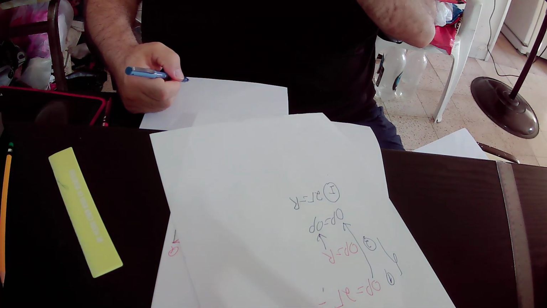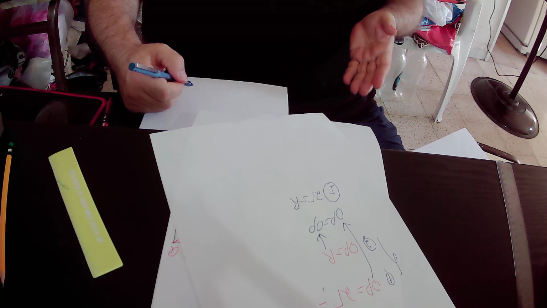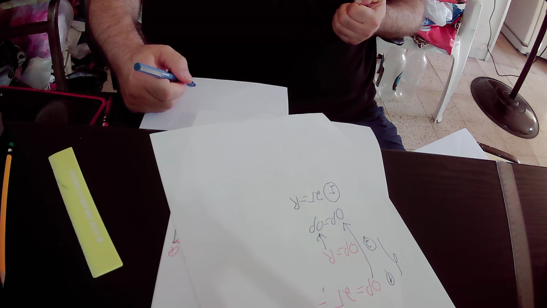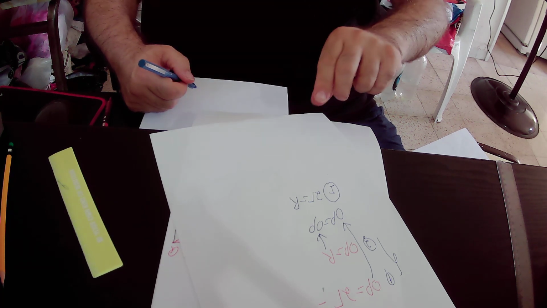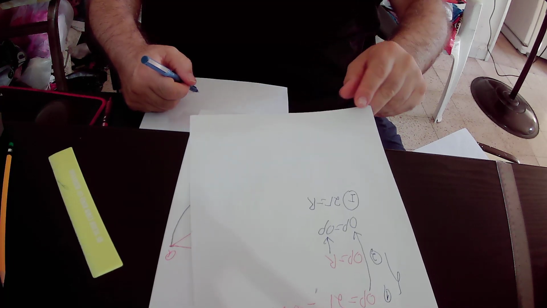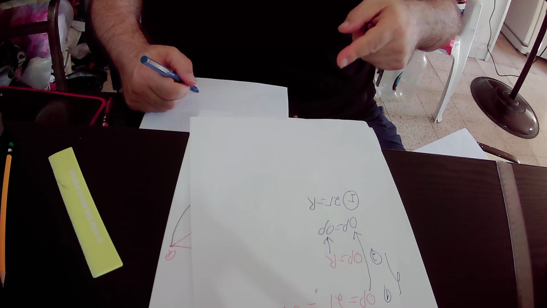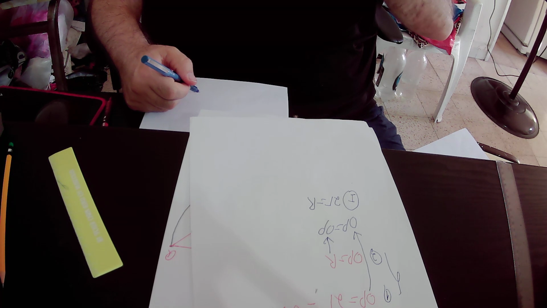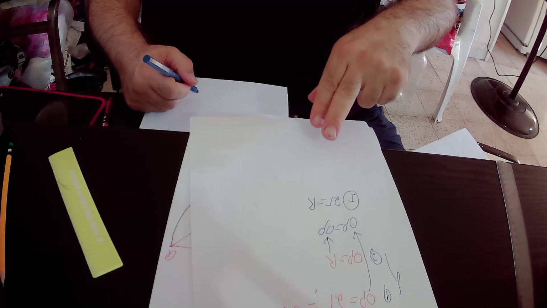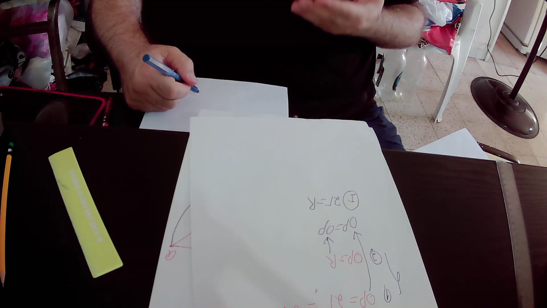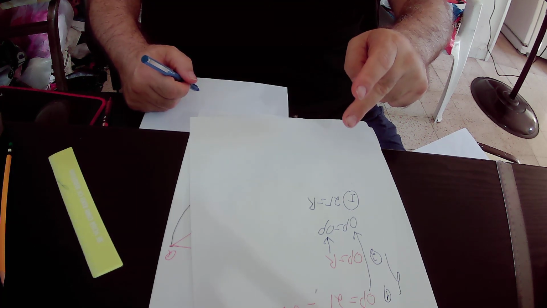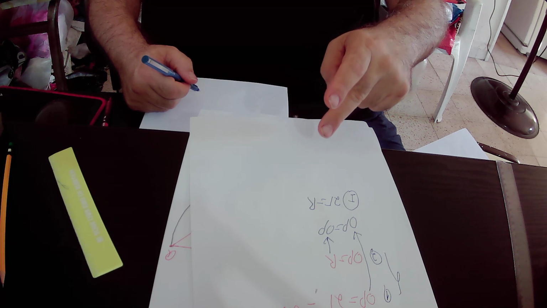Okay? So actually, this is the relationship between the radius of the big semicircle and the radius of the yellow circle. The radius of the semicircle is twice the radius of the yellow circle, or 2 radiuses of the yellow circle equal 1 radius of the semicircle.